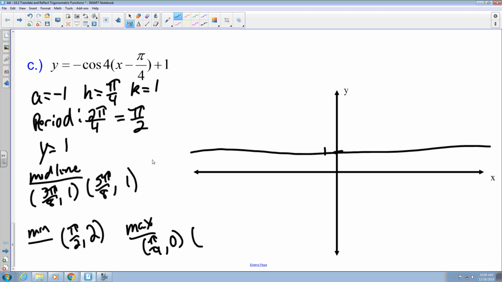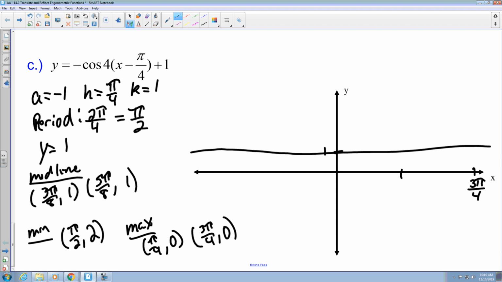And the other max, because there's two of them, we're going to have the period, which is pi over 2, plus h, which is pi over 4, which gets us 3 pi over 4, comma, and this will also be 0. So looking at this, my largest value of x seems to be 3 pi over 4, so I'm going to put 3 pi over 4 here.